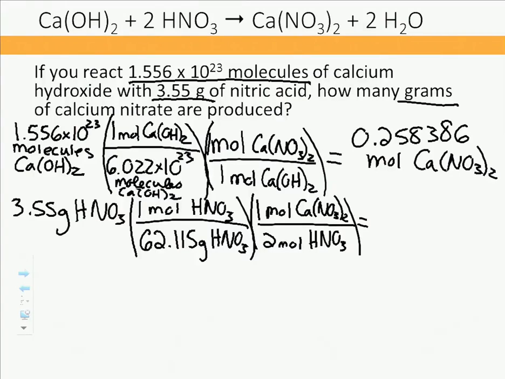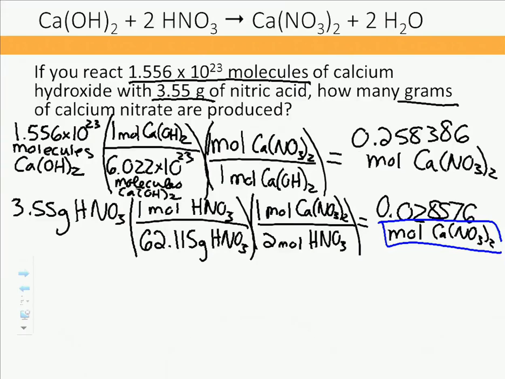3.55 divided by 62.115 divided by 2 gives me 0.028576, and this is moles of calcium nitrate. So notice once again, I have the same units.